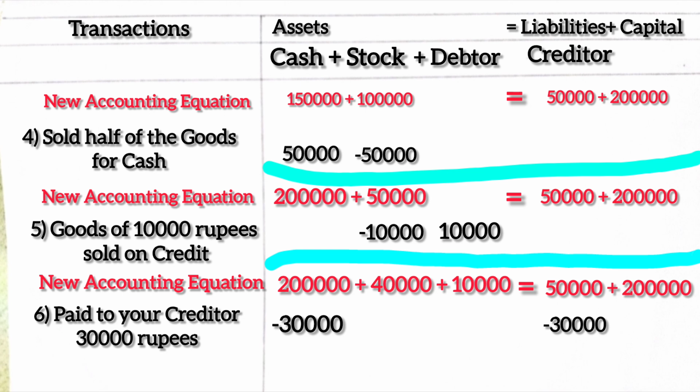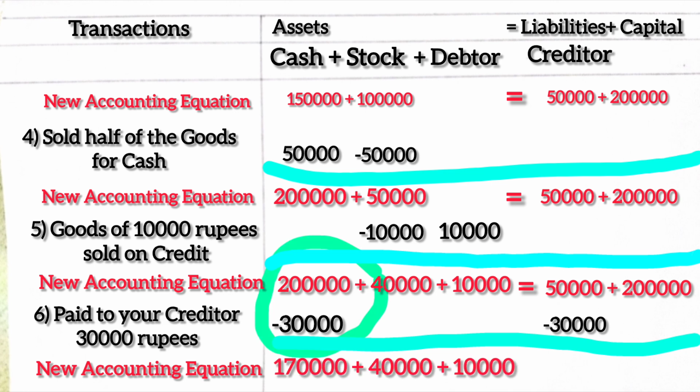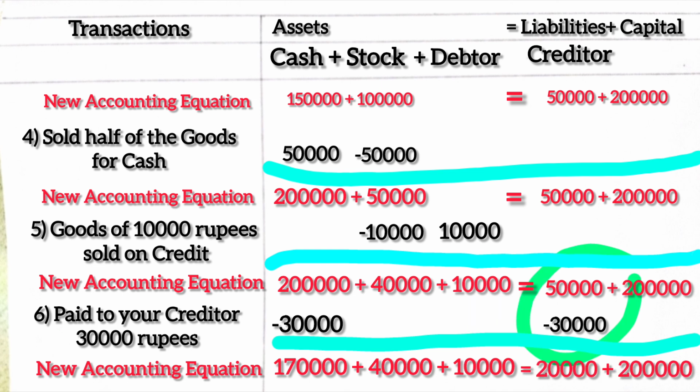Now the next accounting equation, if we draw a line, you will see cash will be now 1 lakh 70. How? 2 lakh minus 30 is equal to 1 lakh 70. Stock will be the same, 40,000. Debtors 10,000. And then liabilities will be 20,000, and capital will be 2 lakh.